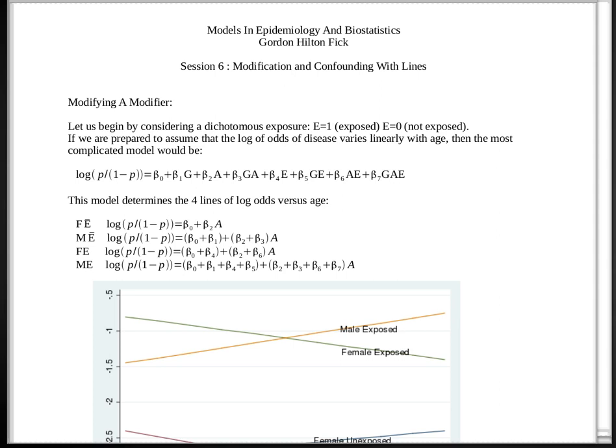So with that background, let's take a look then at the circumstance in which we have possibly 4 lines. We've got a line for the unexposed women, a line for the unexposed men, a line for the exposed women, and a line for the exposed men.